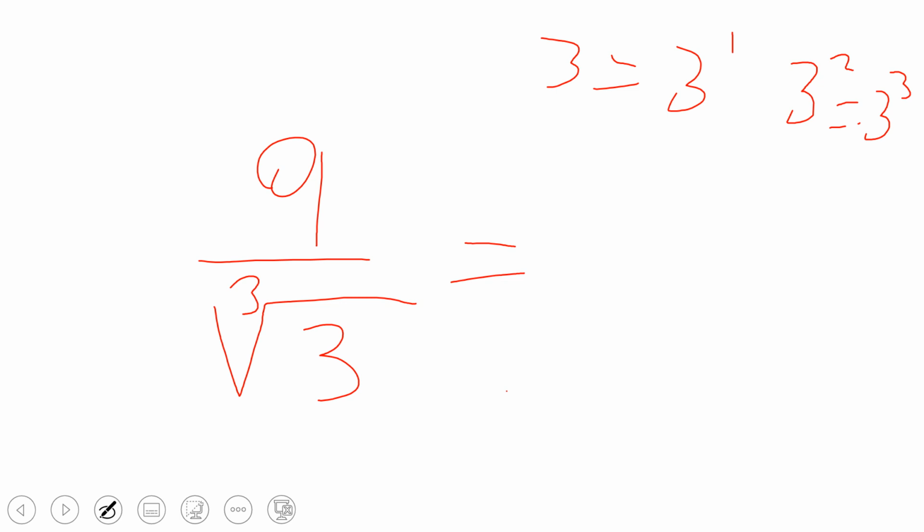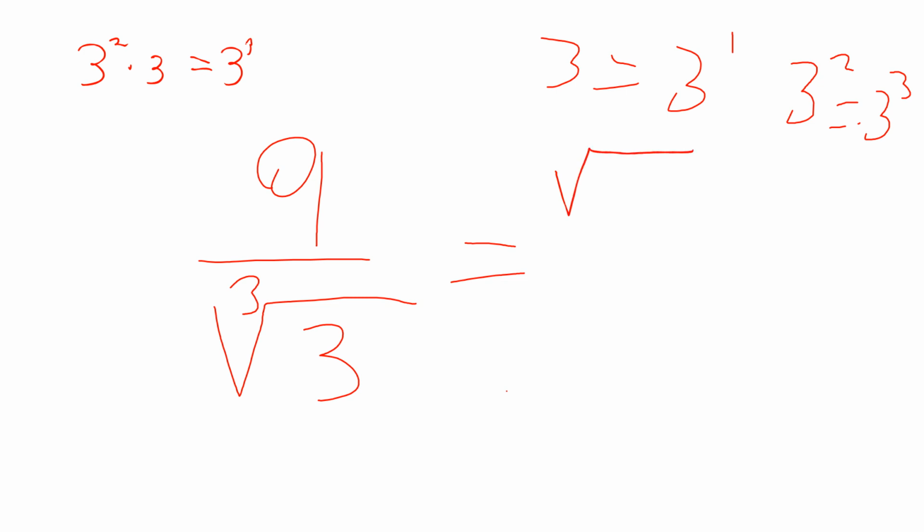So we know that 3 squared multiplied by 3 is 3 cubed. So given this in mind, we can multiply numerator and denominator by the cube root of 3 squared.